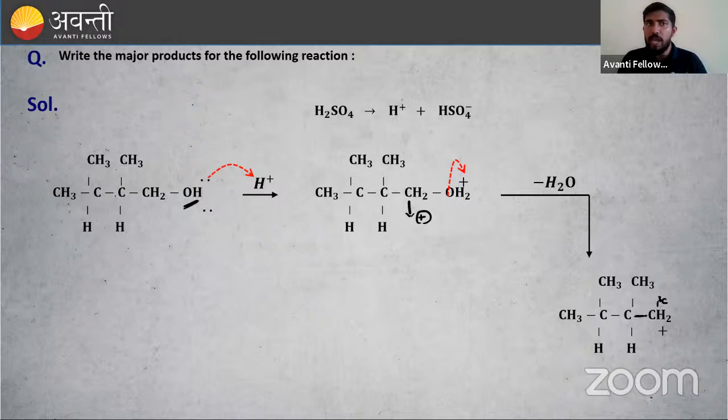So a primary carbocation is formed. What about the stability? Primary, secondary, tertiary: primary has the least stability. If there is some possibility, our system will try to rearrange to form a secondary or tertiary carbocation.